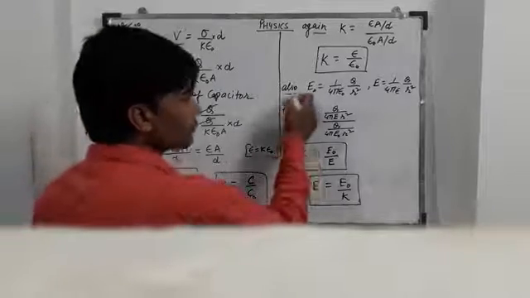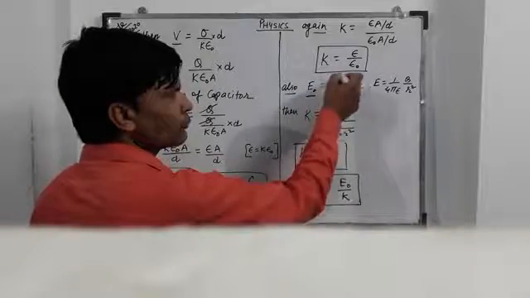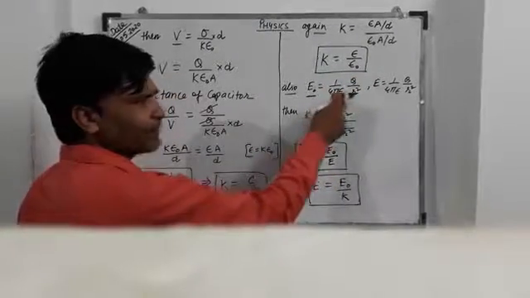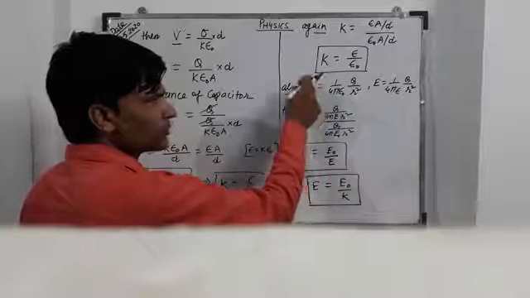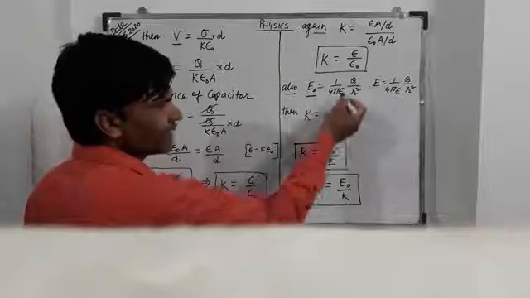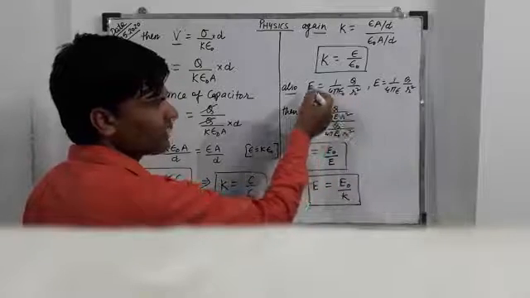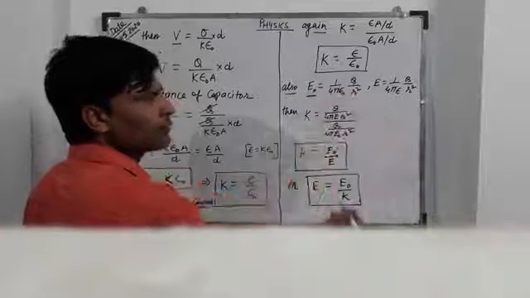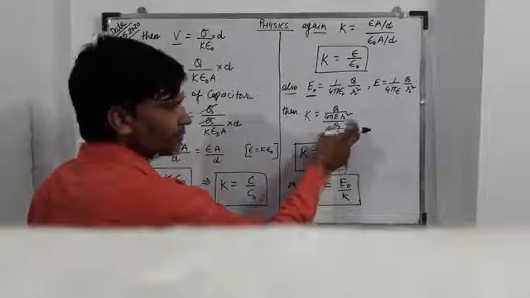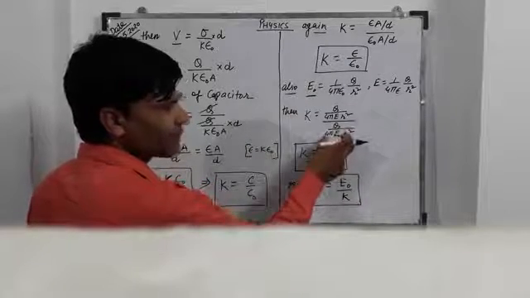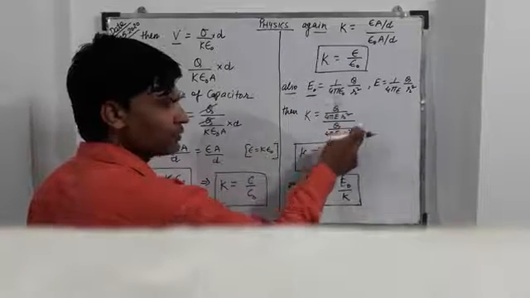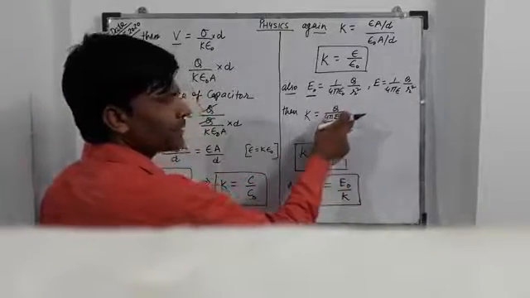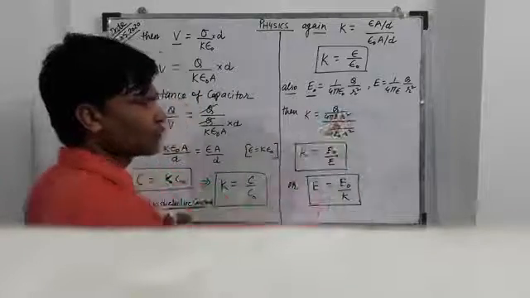Also, we know that the electric field E naught is equal to 1 upon 4 pi epsilon naught into Q upon r square. Then if we replace E naught by the field, we get epsilon naught is equal to Q upon 4 pi E naught r square. In the same way, we get epsilon is equal to Q upon 4 pi E r square.